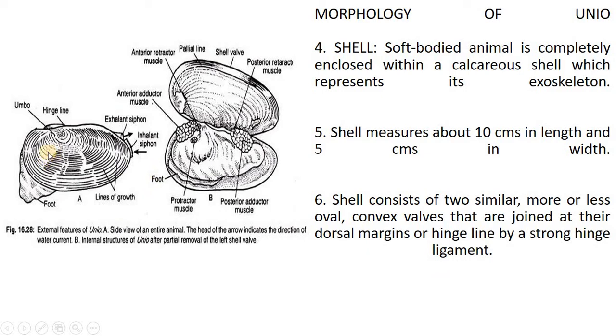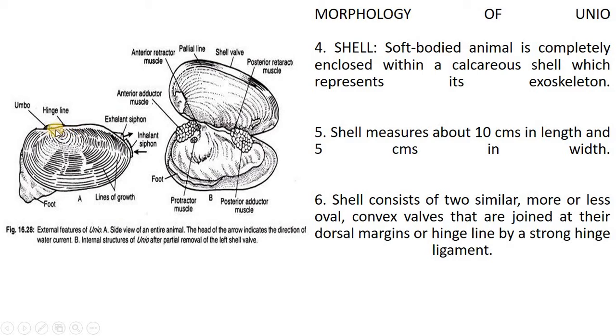In the general characteristics, we also discussed the orientation of animals in the phylum Mollusca, and here we observe it in Unio, the freshwater mussel. This portion is the anterior region, this is the posterior region, this is the dorsal region, and this is the ventral region, and on the lateral sides we have the shell.